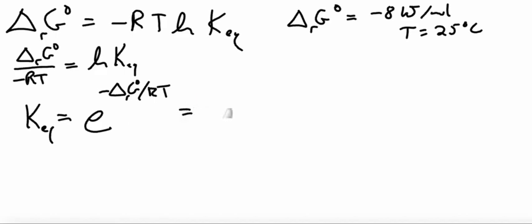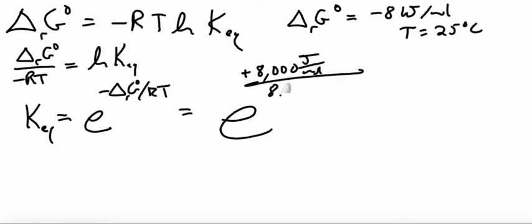So we plug in our numbers, and we had a negative of a negative 8 kilojoules. So we've got 8,000 joules per mole divided by 8.314 joules per mole per Kelvin, and the temperature, which we had to convert to Kelvin, 298 kelvins.